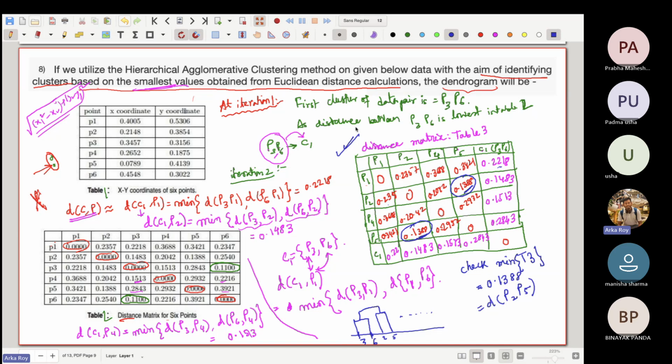But so far as the exam point of view is concerned, even in the live session, MK Bhuyan sir also has mentioned that the exam question will be even easier than this one, because you can understand that for each of the iteration, you have to calculate this whole matrix again. Then you have to find the minimum, and then you have to proceed again.